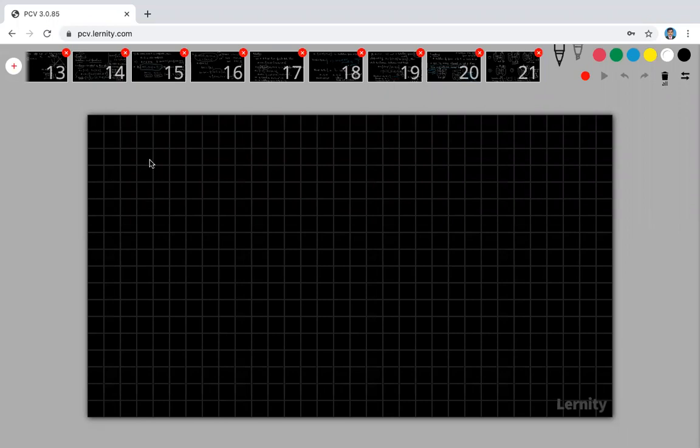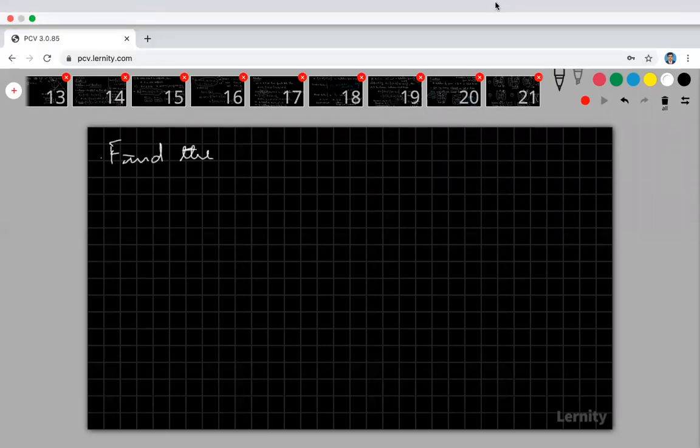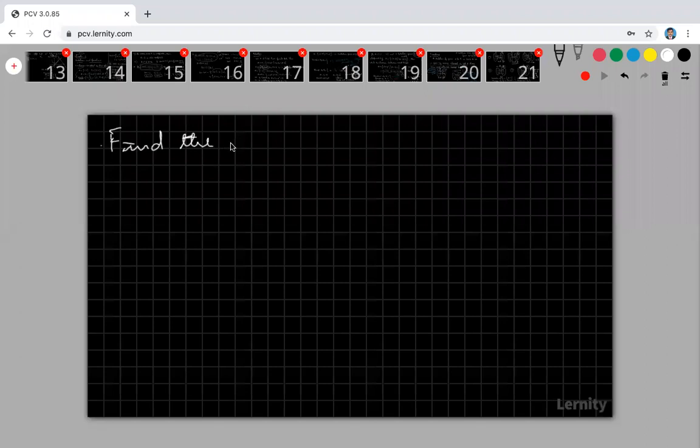Find the domain and range of the real function. This is the last problem, please try to understand. We have 4 minutes, I will finish the problem.